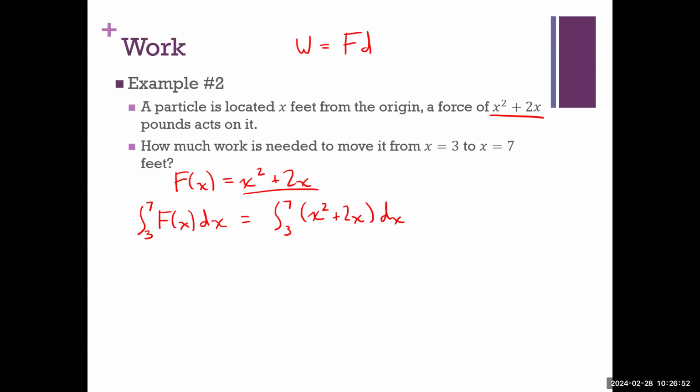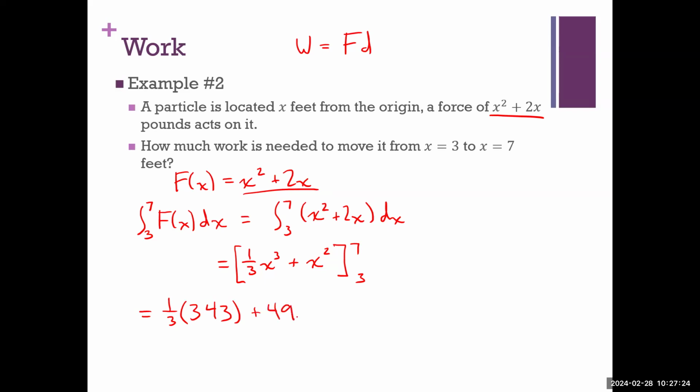How? Take the integral, which is a third x cubed plus x squared, evaluated from 3 to 7. 7 cubed is 343. I'm going off memory, so please correct me.